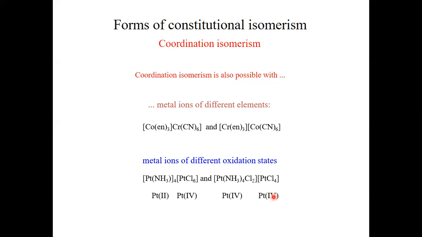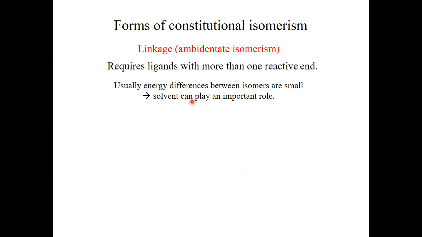All right, so this was the constitutional isomerism. Now, the coordination isomerism. The next constitutional isomerism is the linkage isomerism, also called the ambidentate isomerism. And it is always observed when we have ligands that have more than one reactive end.